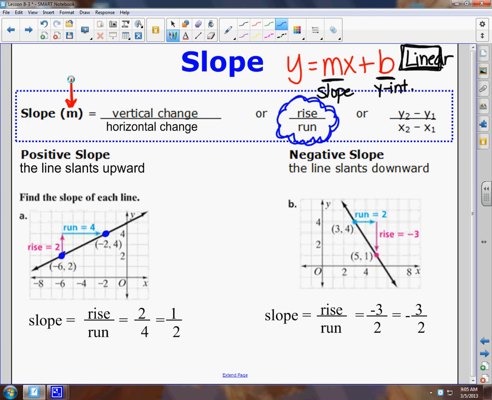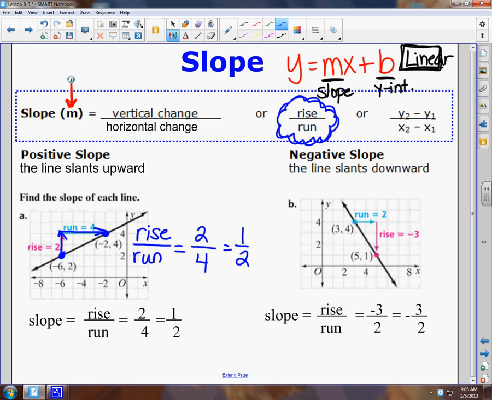So this one, I'm going to rise up 2, and I'm going to run over 4. So if I did rise over run, my slope, I rise up 2, and I run over 4. That means my slope is 1/2.